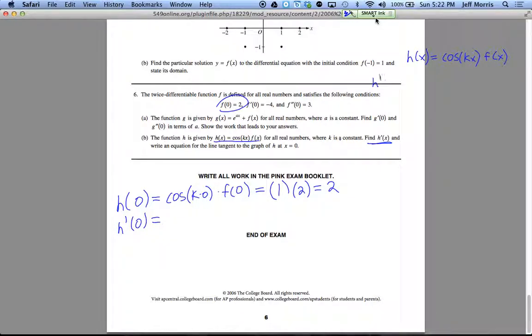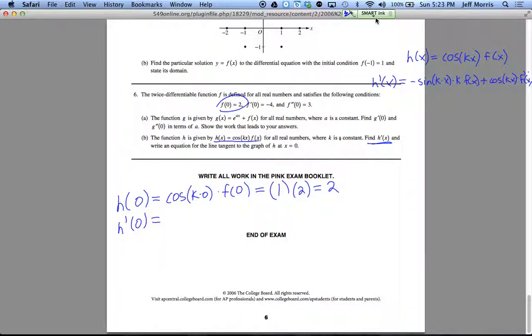All right, let's do this. So h prime of x, derivative of the first: it's going to be negative sine kx times k, times f of x, plus cosine kx times f prime of x. I think that's probably as far as you can go on this one.